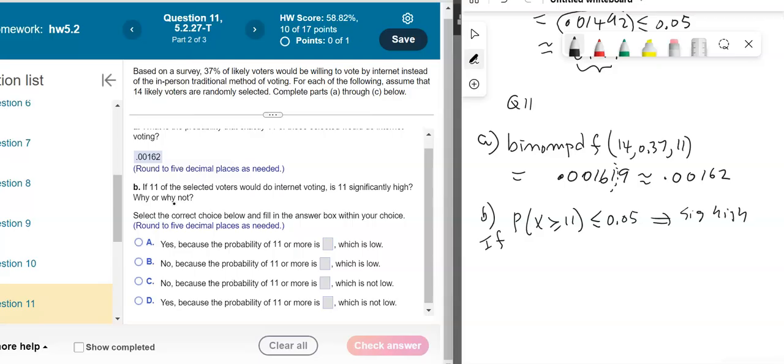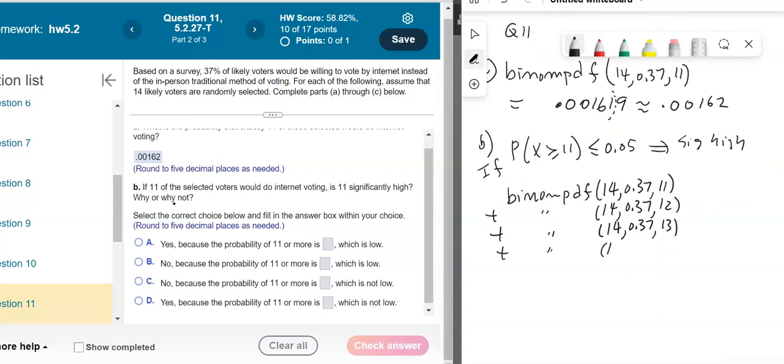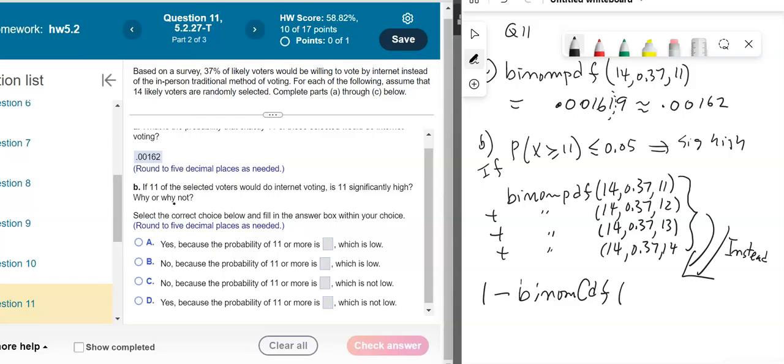So binompdf(14, 0.37, 11) plus binompdf(14, 0.37, 12) plus binompdf(14, 0.37, 13) plus binompdf(14, 0.37, 14). Rather than adding these 4, we do 1 minus binomcdf(14, 0.37, up to 10).